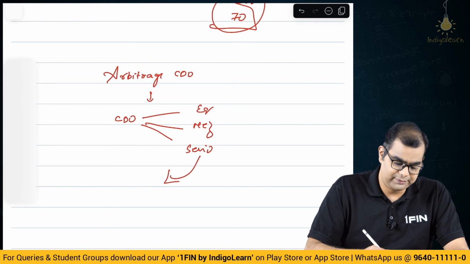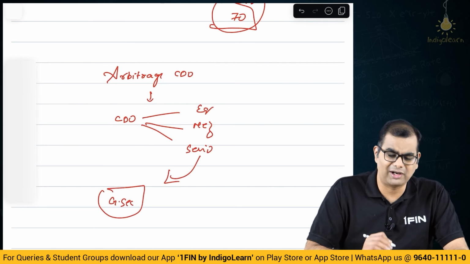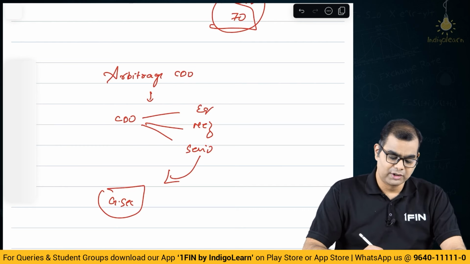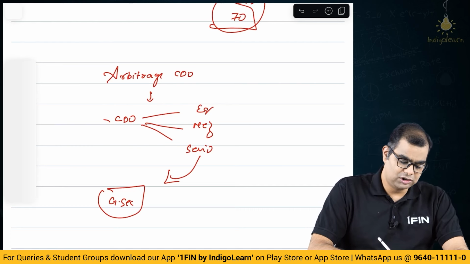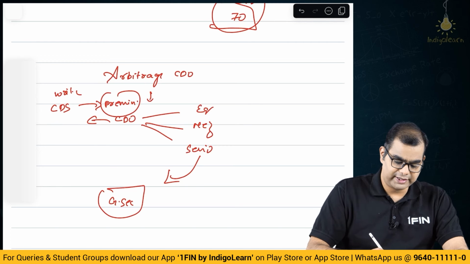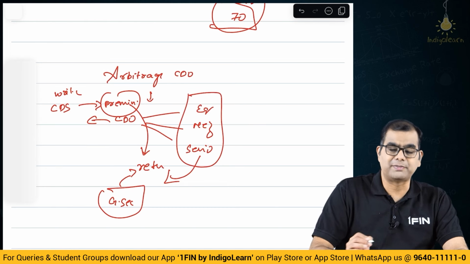This money is invested in GSEC. I'll call it GSEC instead of treasury bills or US securities. And then you also write a CDS, so you get a premium. You get a return from this and you get a premium.